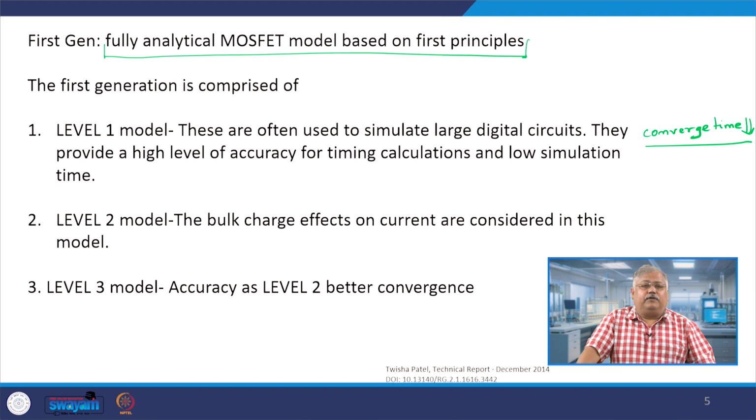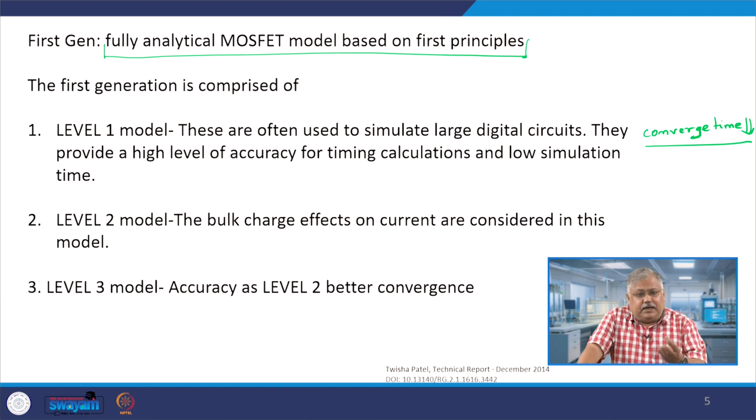Now, the level 2 model takes into consideration the effect of bulk charge on current. What does it mean? If you remember your basic MOSFET theory, which we have already done in our earlier classes, the bulk of the transistor, for example, if you are doing an n-type enhancement mode device, is basically p-type. So, there is a depletion layer being formed.